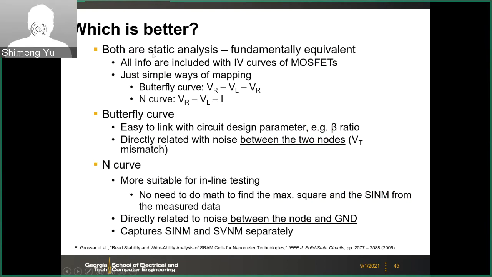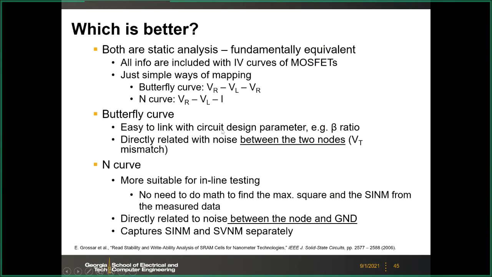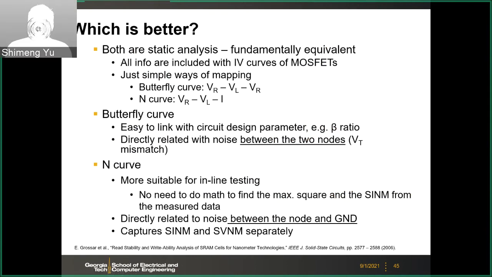So which one is better? Fundamentally, they are equivalent, as we discussed earlier. Those tripping points are actually correlated. But the butterfly curve is less straightforward to extract, because as we discussed earlier, we have to get two curves and then rotate the axis.